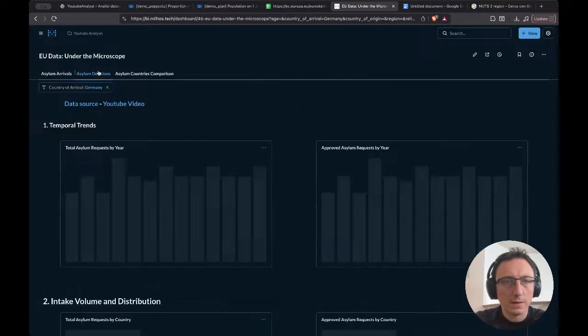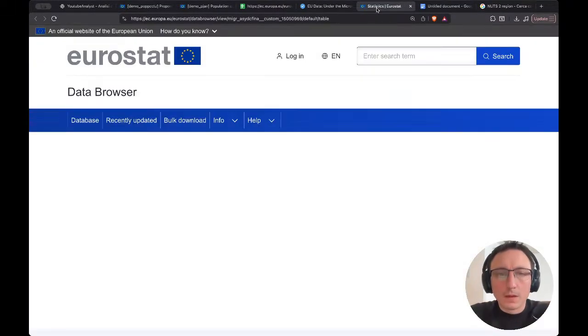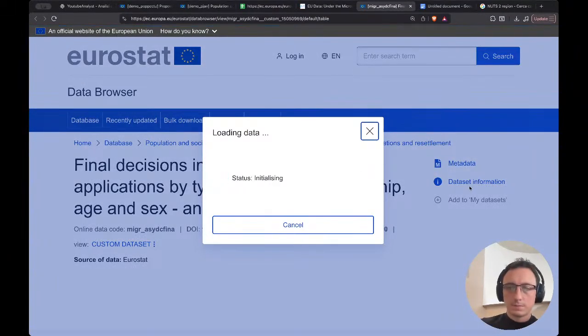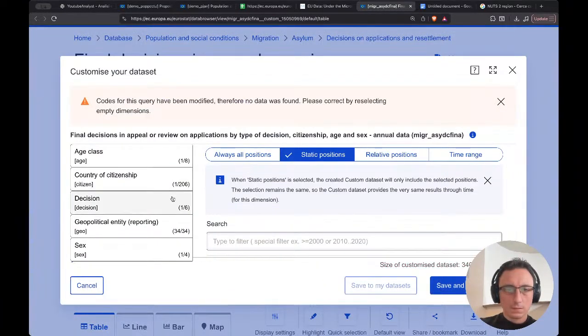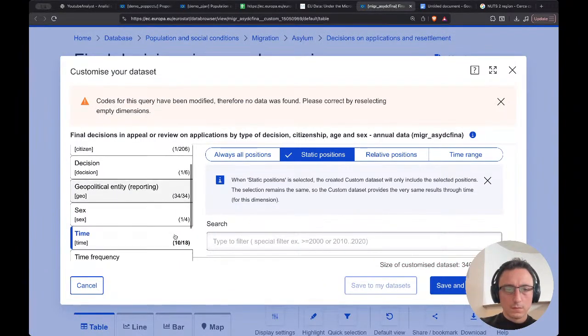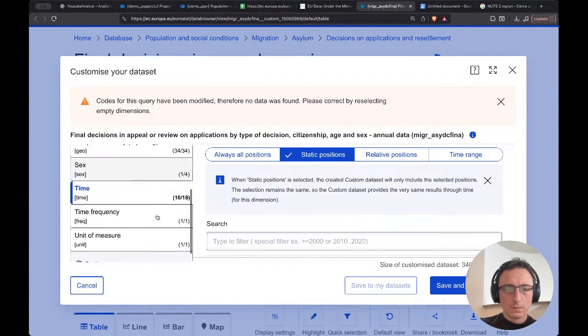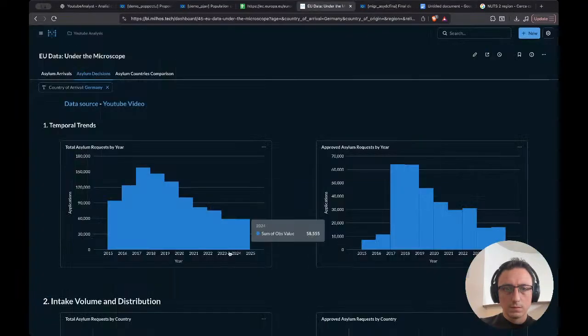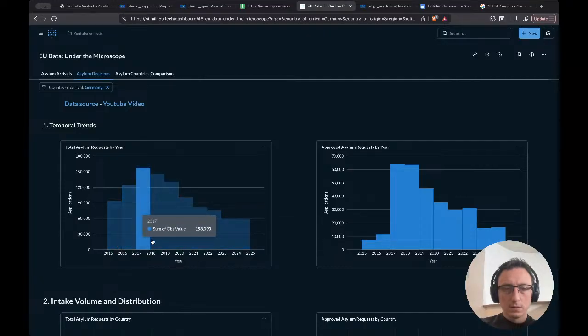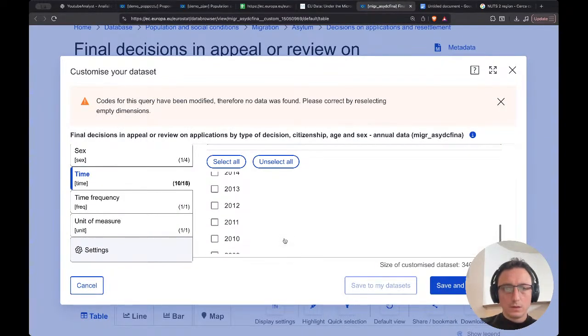This seems okay. Asylum decisions. So here definitely I could have downloaded much more data.